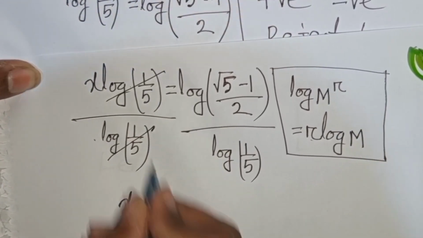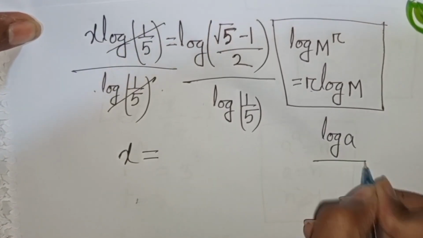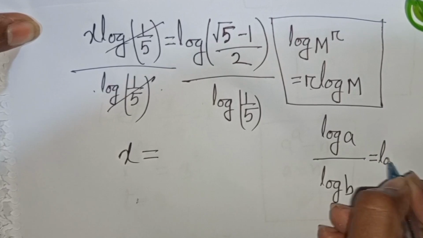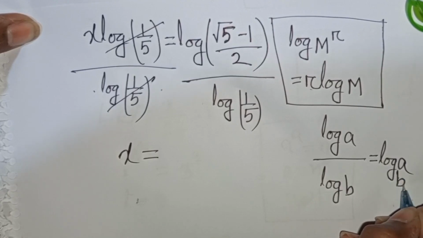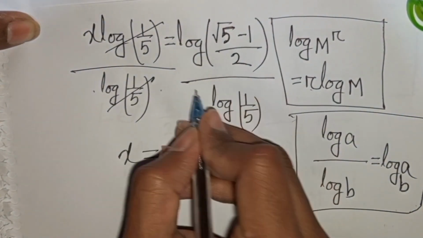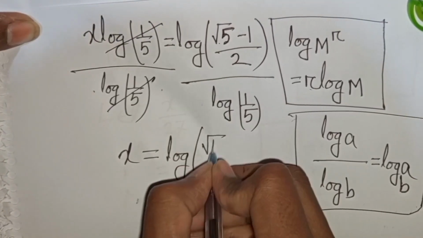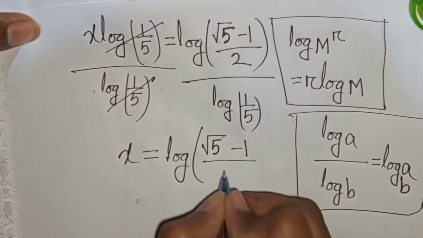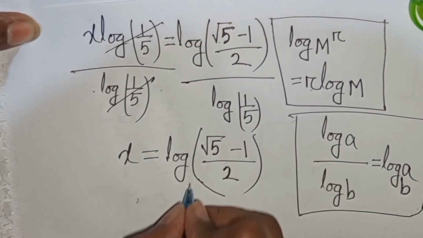So here x will be equal to, applying the formula log a divided by log b is equal to log a base b, log of (square root of 5 minus 1) over 2, with base 1 by 5.